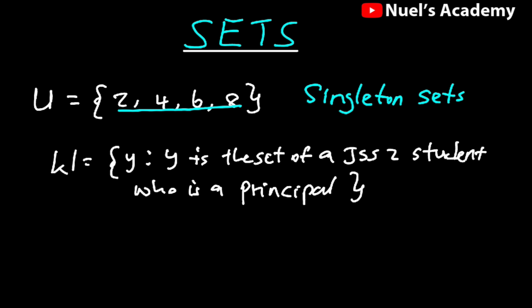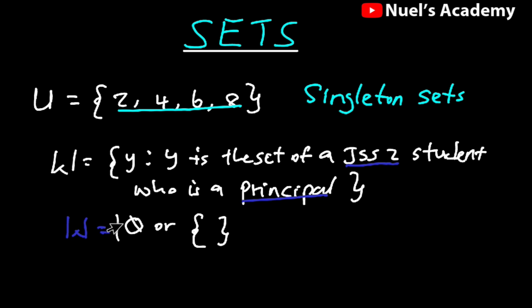Now, if we want to list the elements of this set W, we can see that there is no JSS2 student who is a principal in any secondary school. So this set is equal to the empty set or null set, and it is denoted by this, alright, or this, that is two curly brackets with no elements.